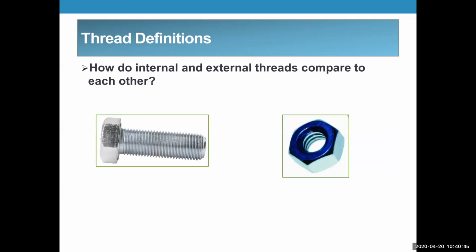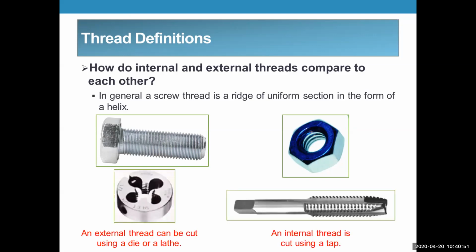So we're looking at two types of threads for a fastener: either external or internal. It says, in general, a screw thread is a ridge of uniform section in the form of a helix, which is true.